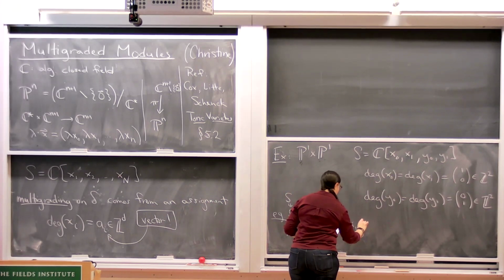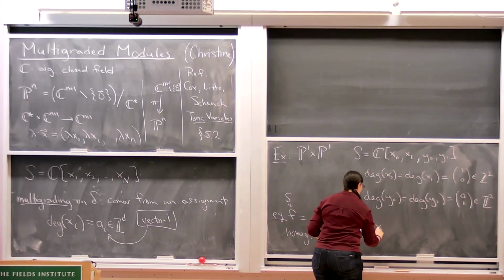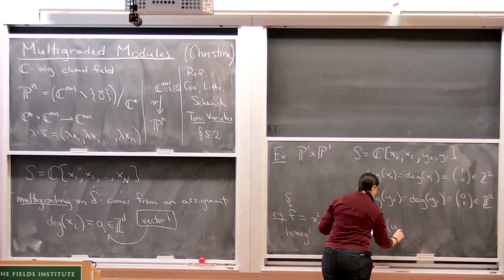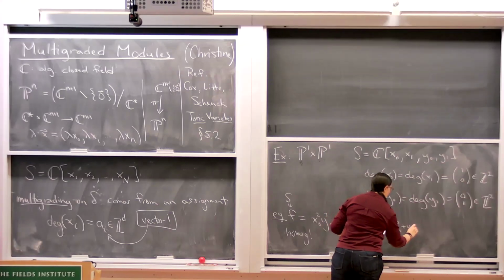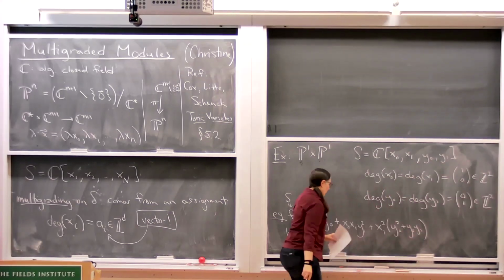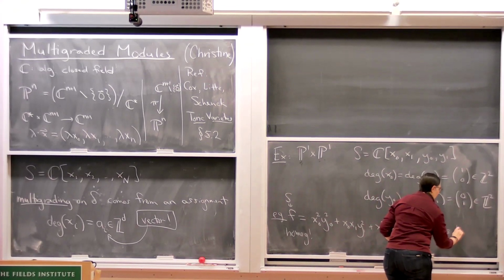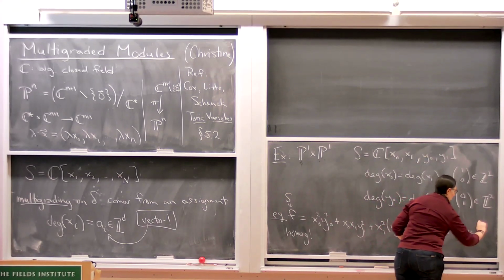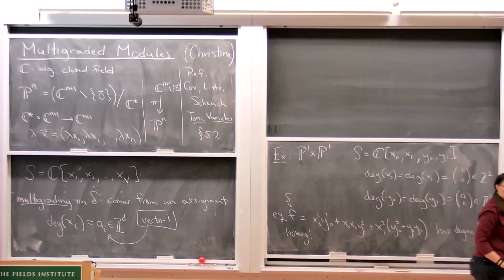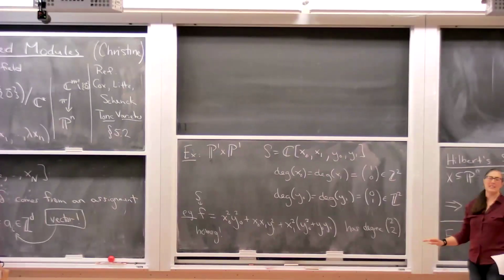I tried to give you all the different options that can go together here. So this has degree (2,2), because I have 2 x's and 2 y's in every monomial. That's it. So this is our first example of multigrading.